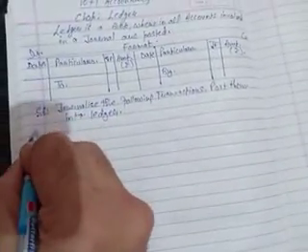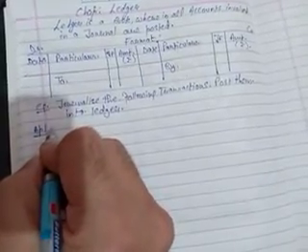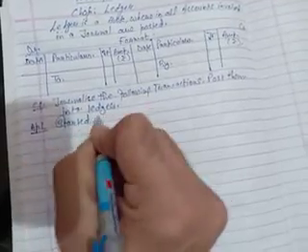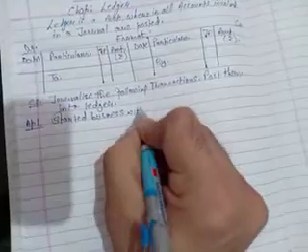Transactions are: April 1st, started business with cash 1 lakh.